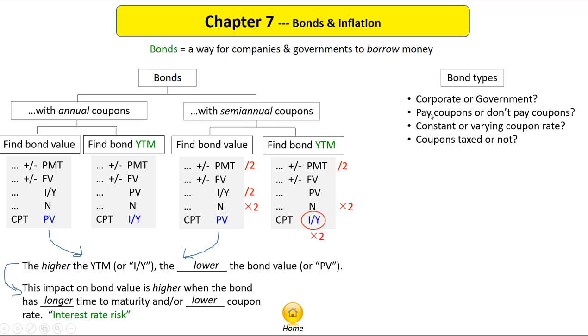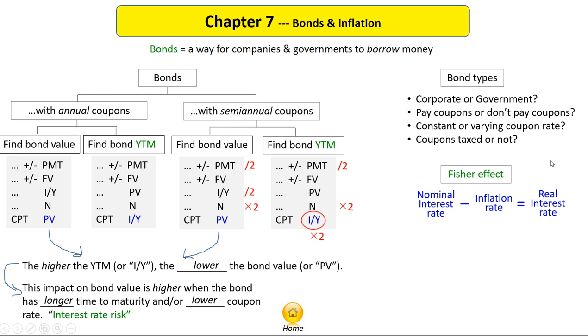Who issued them? Do they pay coupons or do they not pay coupons? Is the coupon rate constant, which creates constant coupon payments throughout the bond duration, or are there varying coupon rates for each year? Are coupons taxed or not taxed, depending on whether a company or a government sells those bonds?